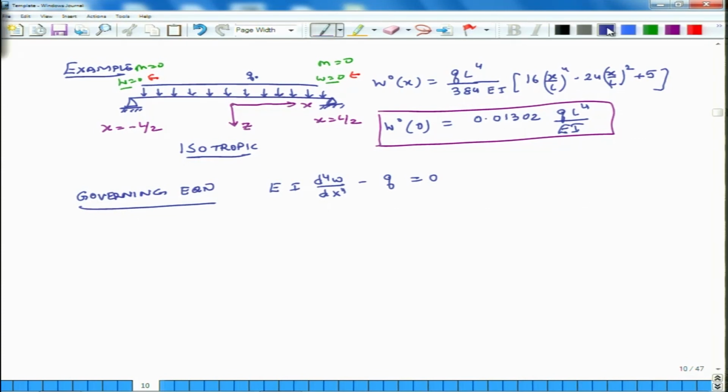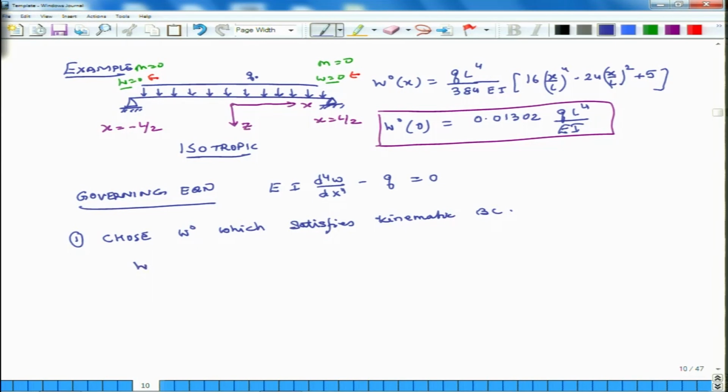So the first step in using principle of virtual work to solve this problem is that we choose W which satisfies this boundary condition.